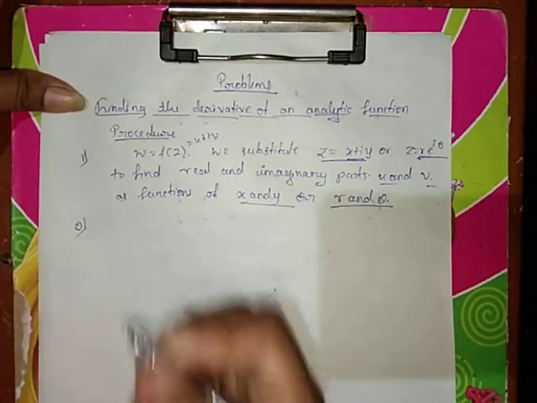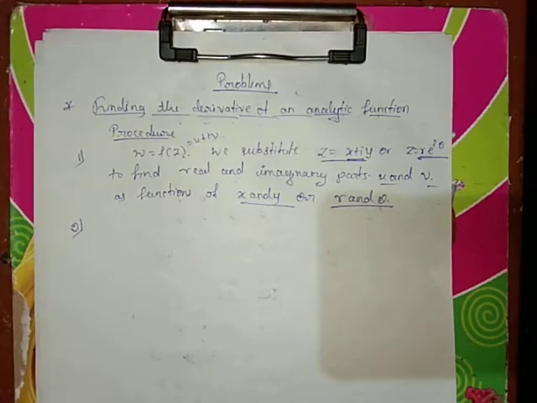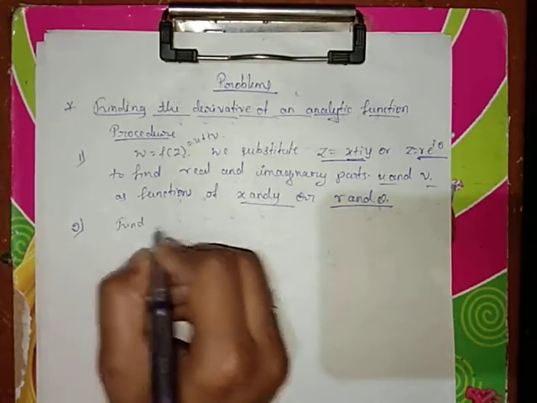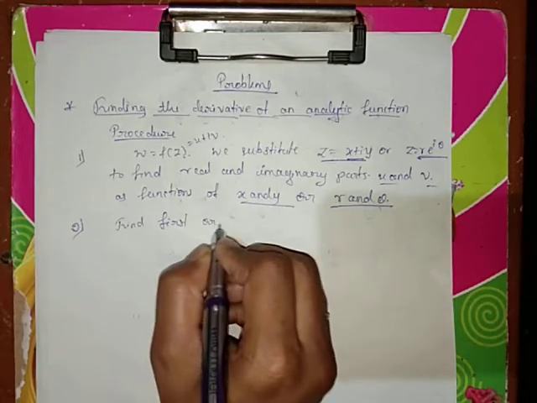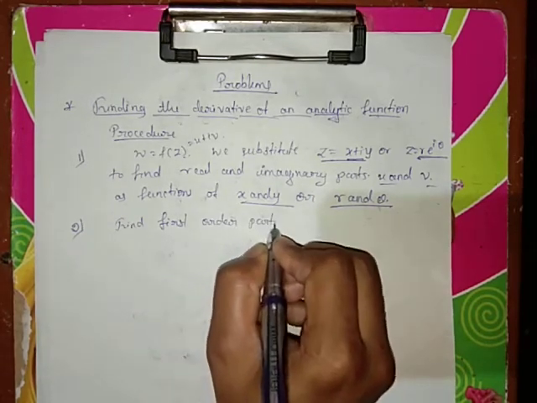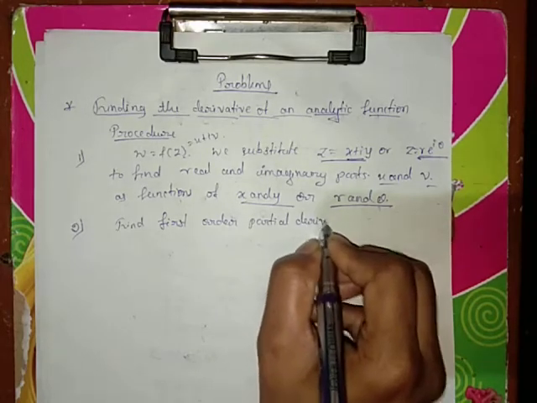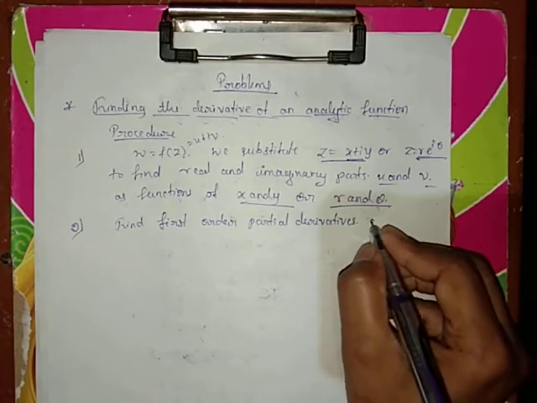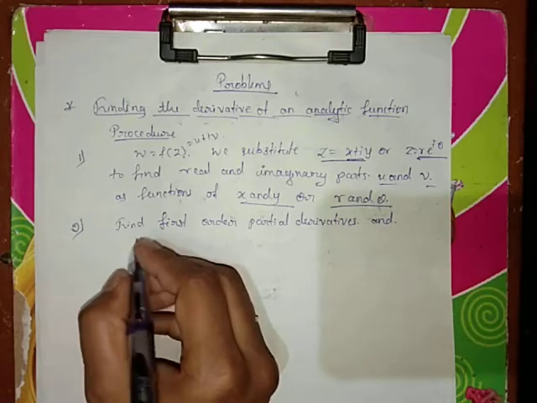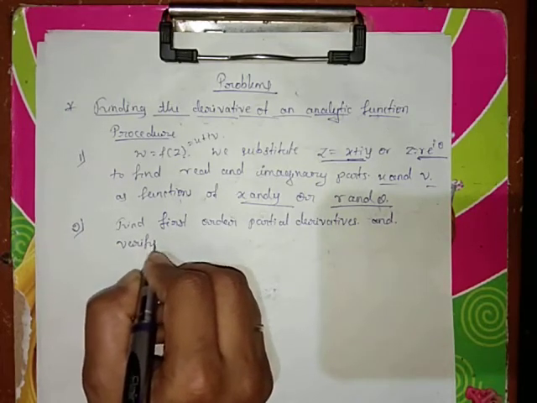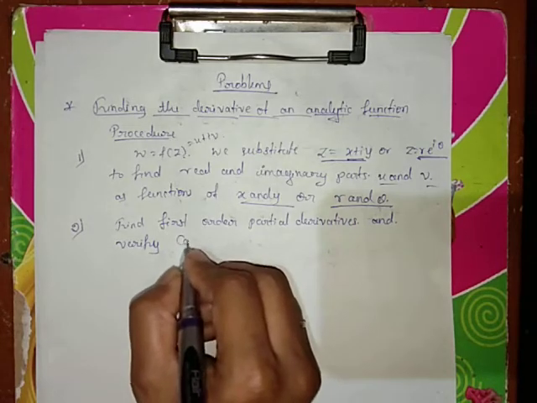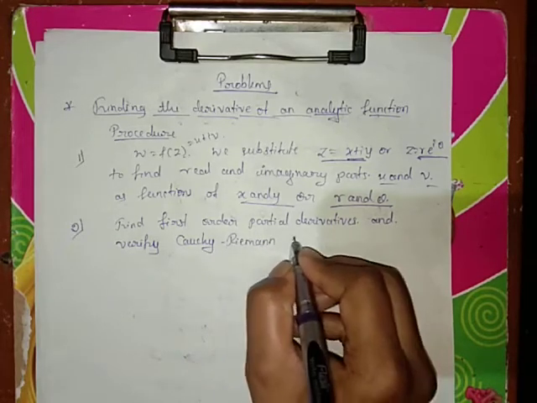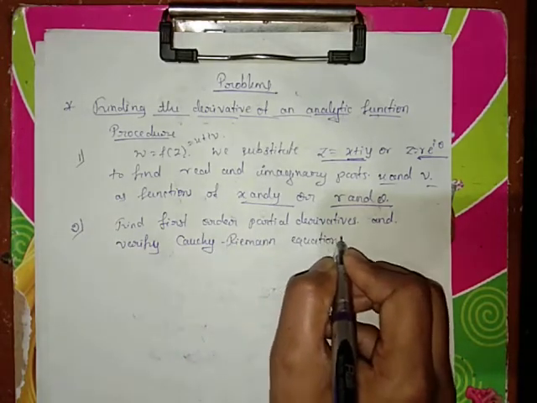So what is the next step? In the next step, we first find the first order partial derivatives and verify the Cauchy-Riemann equations.